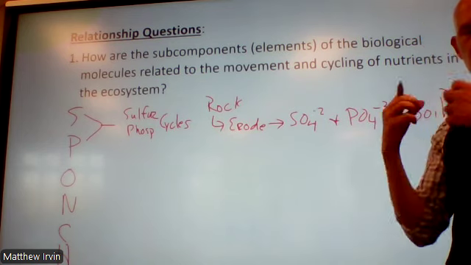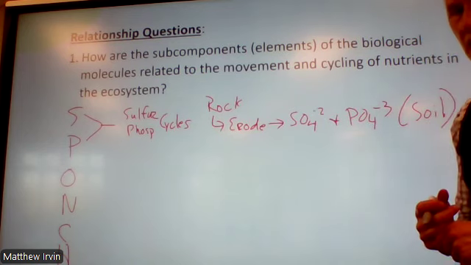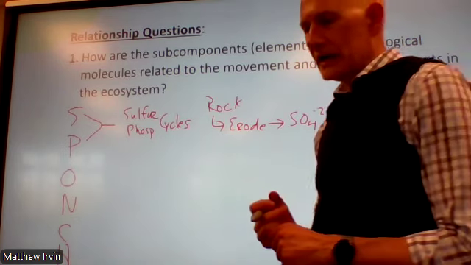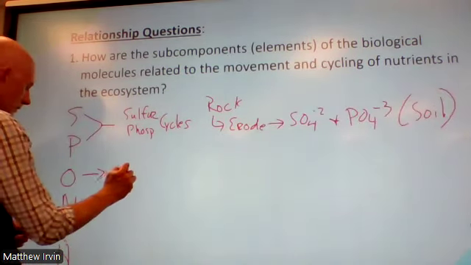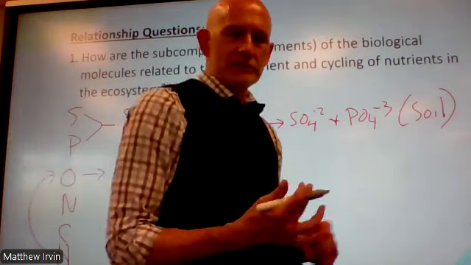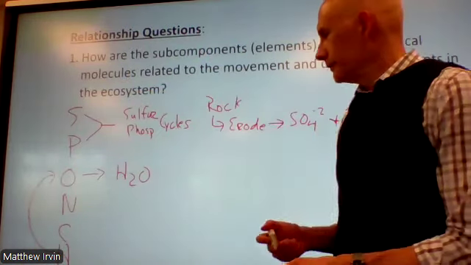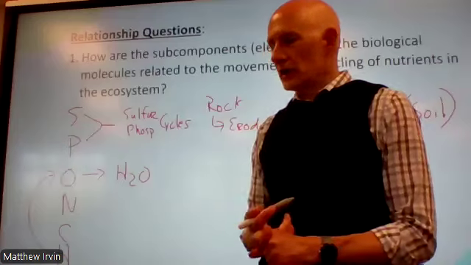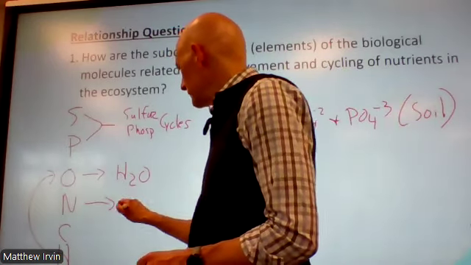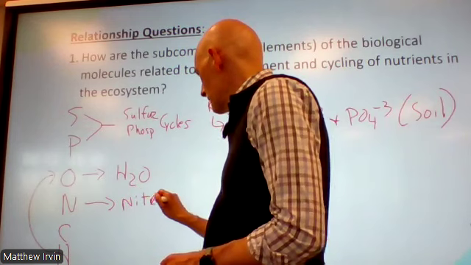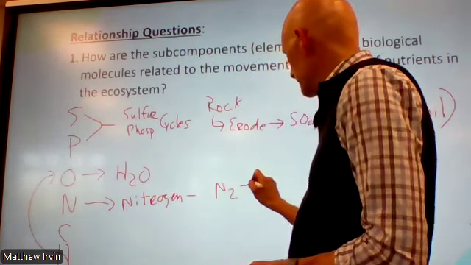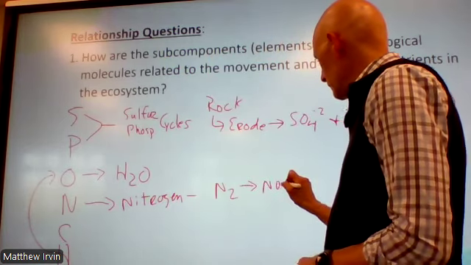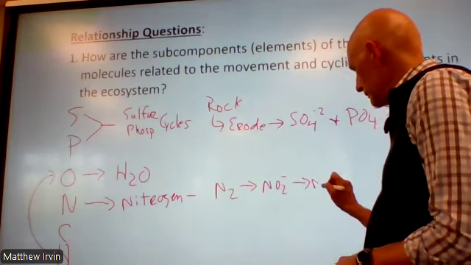Plants absorb those, incorporate them into proteins and into nucleic acids. Oxygen is going to come from the water cycle with our hydrogen, absorbed by plants. Photosynthesis makes it available to be built into other things. Nitrogen from the nitrogen cycle. N2 is going to be fixed into NO2 minus and into NO3 minus.